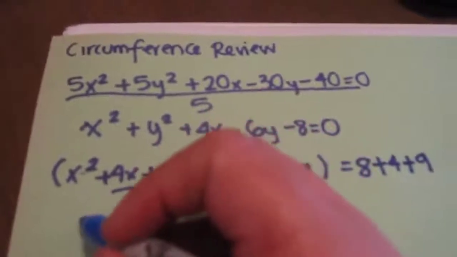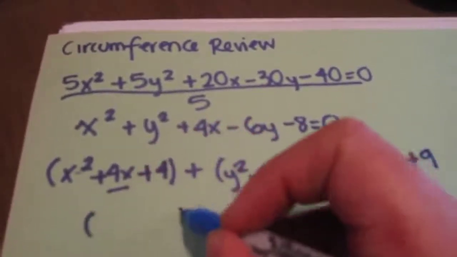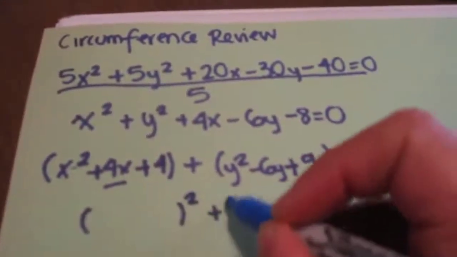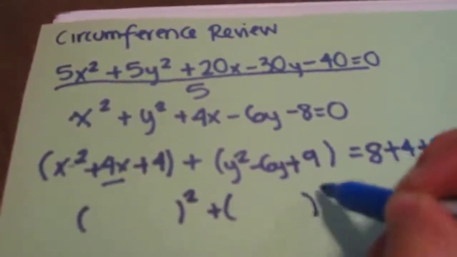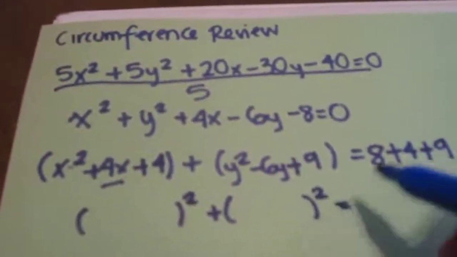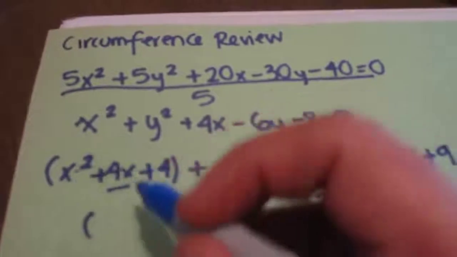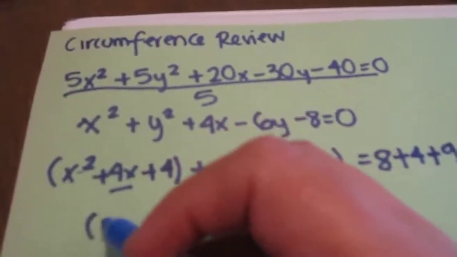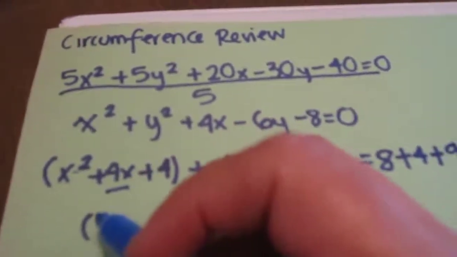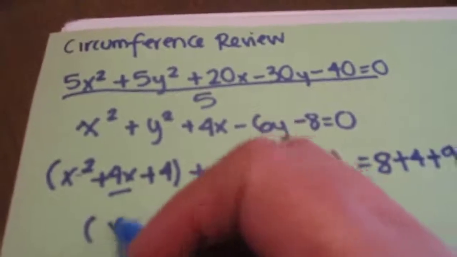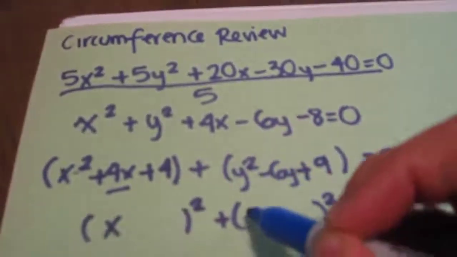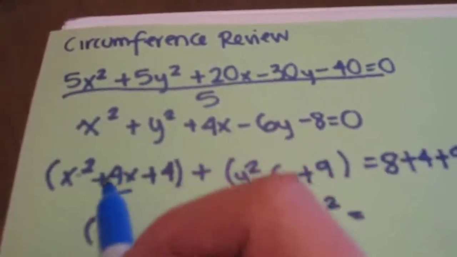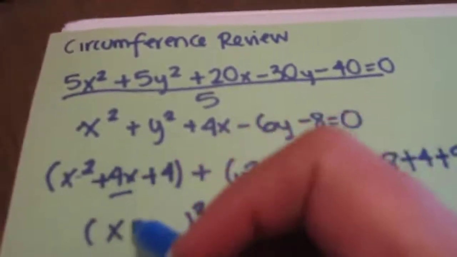What do you need to do now? Easy. Simplify it. So x, the square root of x squared is x, and the square root of y squared is going to be y. Then the second term is going to give you the sign.